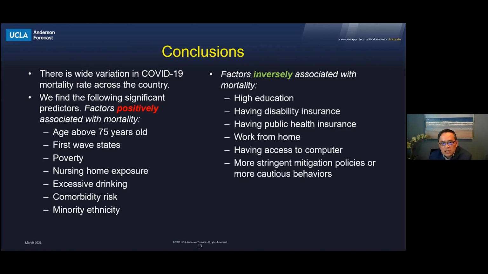And factors inversely associated with mortality rate are high education, having disability insurance, having public health insurance, being able to work from home, and having access to computer, broadband internet, a local government with more stringent mitigation policy, or residents with more cautious behaviors.